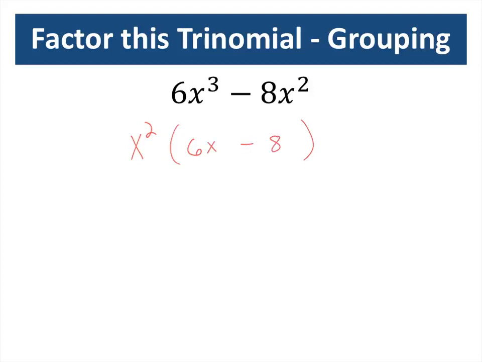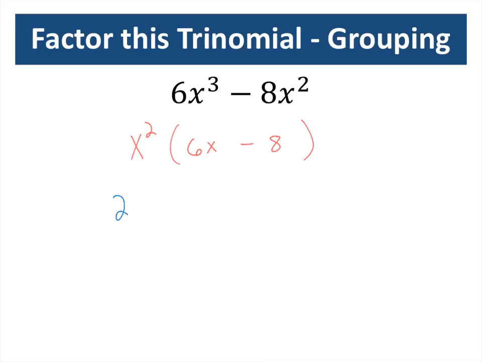Can I pull anything else out? Well, is there any other common factor here? 2. It looks like I can pull out a 2, because 6 divided by 2 is a number that I know, and 8 divided by 2 is a number that I know. So I'm going to pull out another number, and let's see if I can get blue. I like blue.